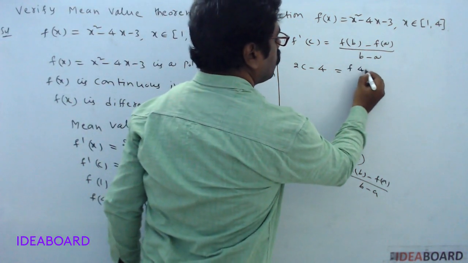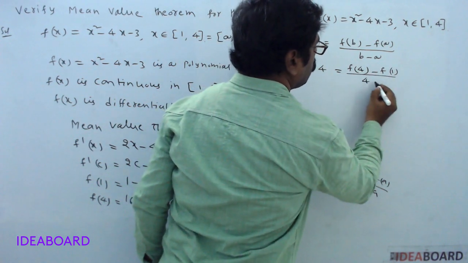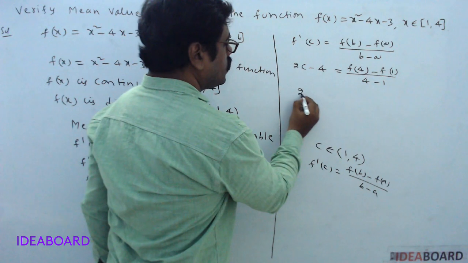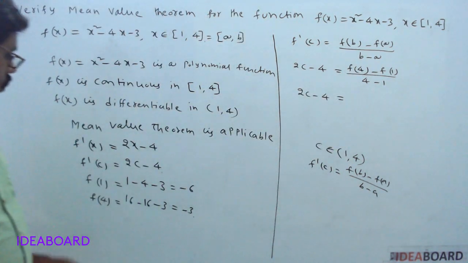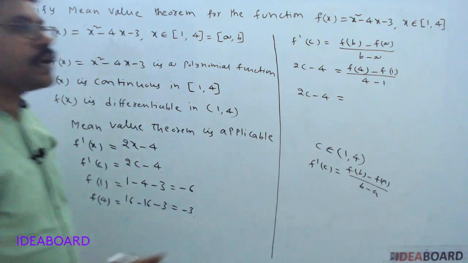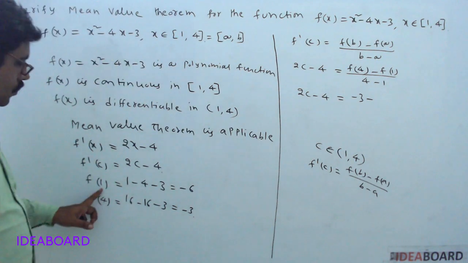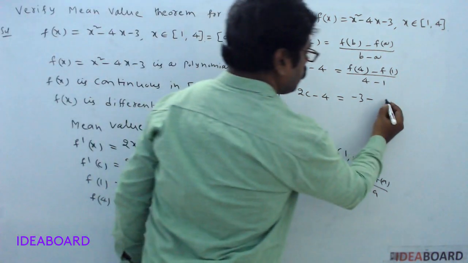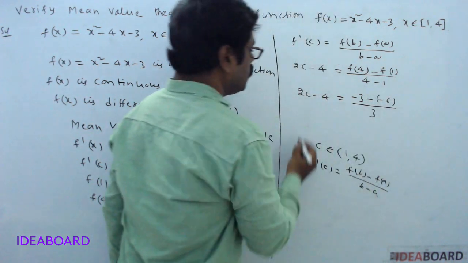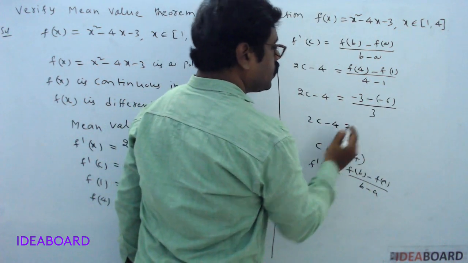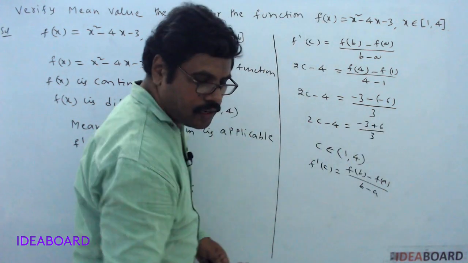So f of 4 minus f of 1 divided by 4 minus 1. This is 2c minus 4 equals f of 4. What is the value of f of 4? Minus 3, minus f of 1. What is the f of 1 value? Minus 6, upon 4 minus 1, 3. So this is 2c minus 4 equals minus 3 plus 6 upon 3.